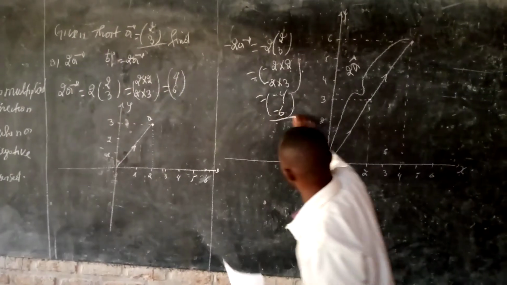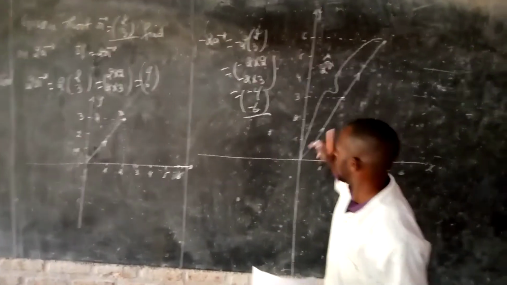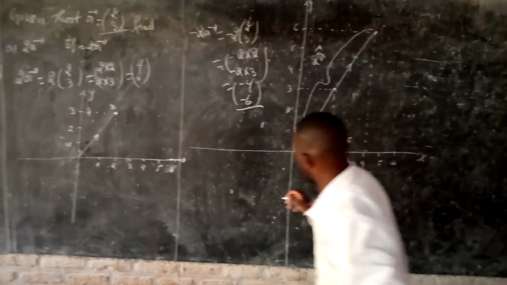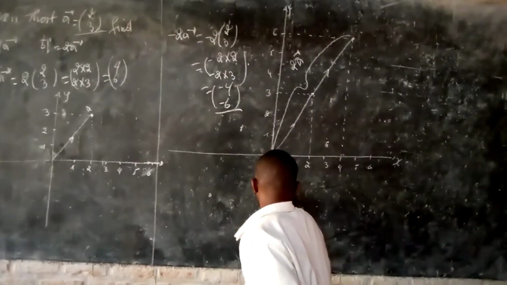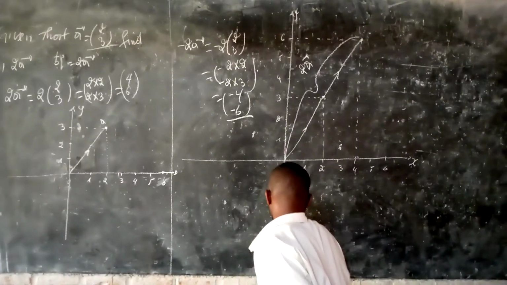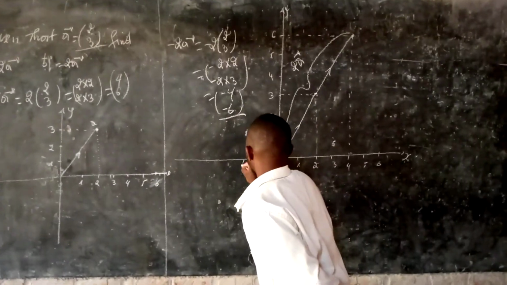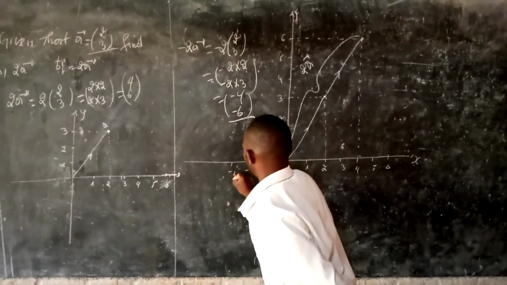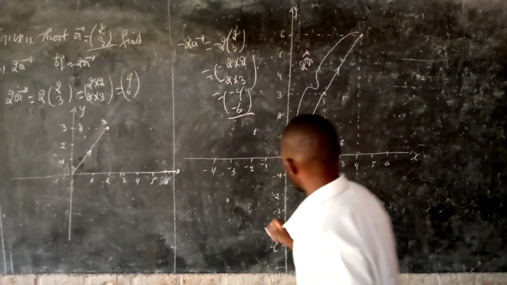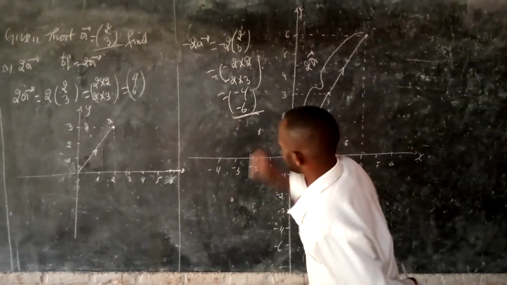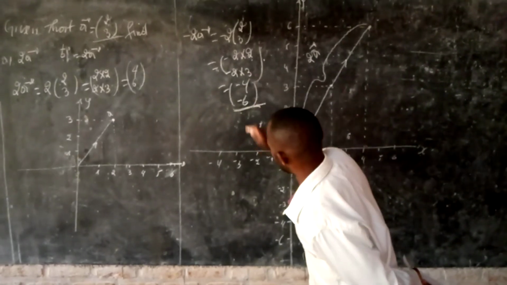You can present these vectors on the Cartesian plane. Here we have negative 1, negative 2, negative 3, negative 4, up to negative 6. So this vector is equal to (negative 4, negative 6).